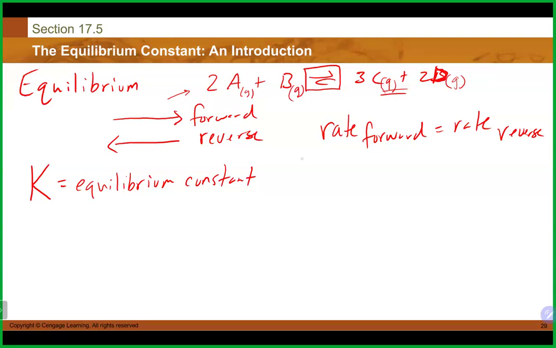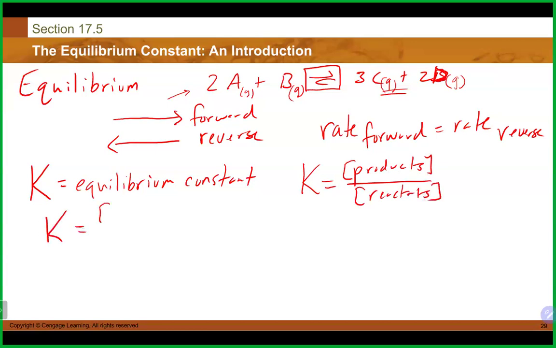So the way we calculate K is basically the concentration of our products divided by the concentration of our reactants. And so, for example, here we would write K is equal to C, and we do need to take the coefficients in the balanced equation as the exponents. So we would cube it in my example up there. D would be squared because of the coefficient.